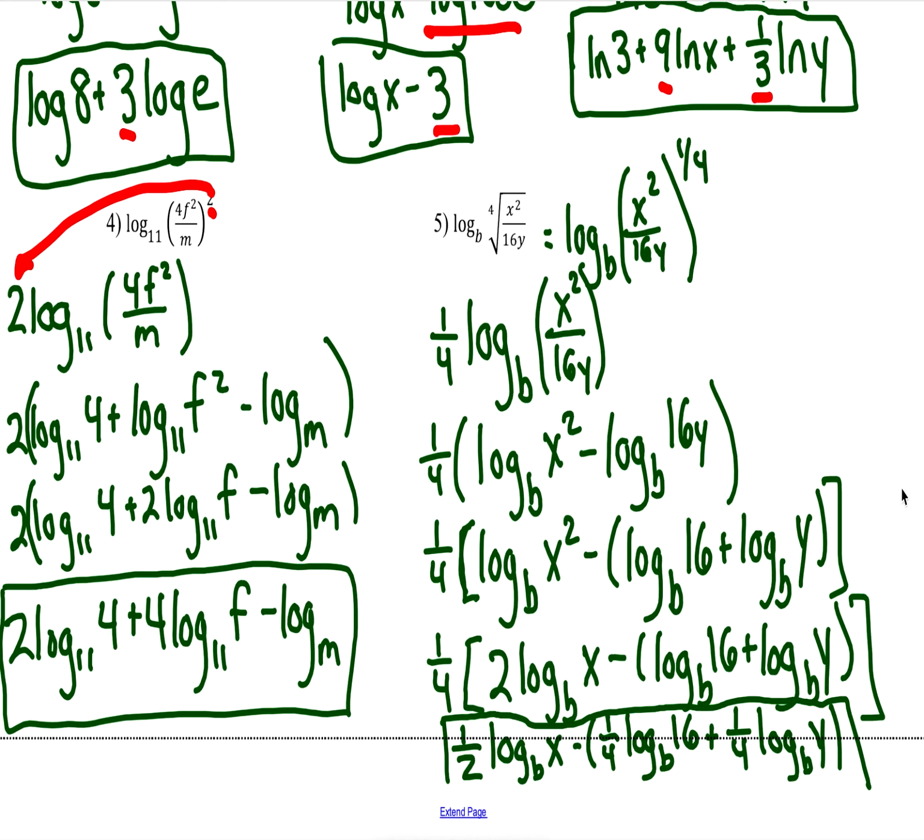And now we just have 4 f to the second over m as our argument. So I did, it's 4 times f to the second divided by m. So it would be log base 11 of 4 plus log base 11 of f to the second minus m.